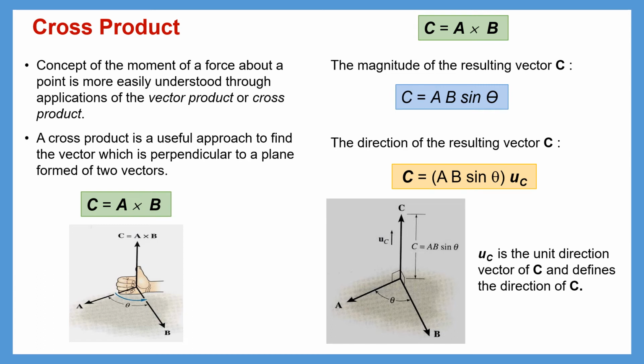Cross product or vector product, they are the same, is a useful approach to find the vector which is perpendicular to a plane formed of two vectors.